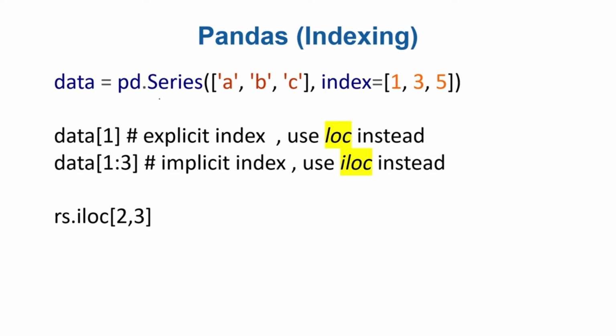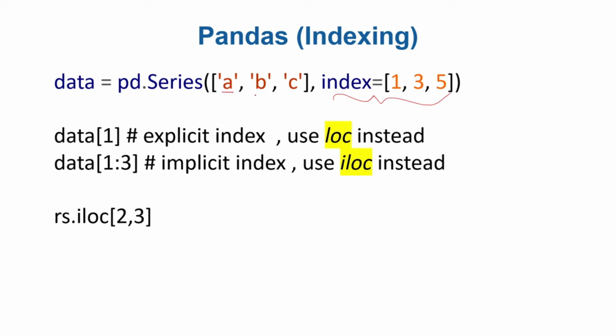Okay, in the previous video I mentioned a confusion that can be there if you have supplied explicit indices that can conflict with implicit indices. In particular, for example, if this is the series object, or maybe a data frame object, let's just think about the series object.